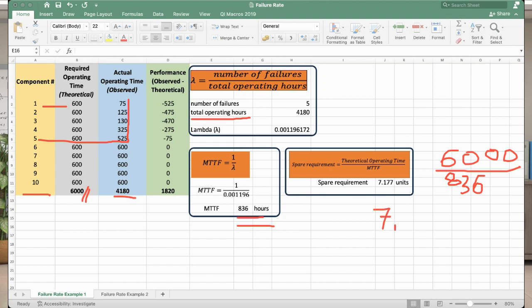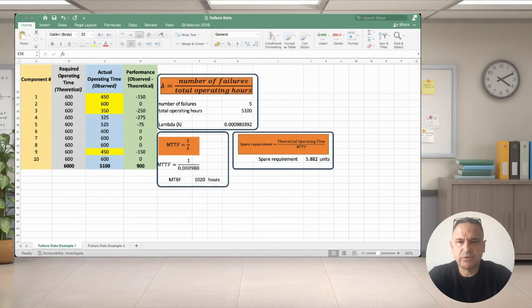I recommend at least 7 spare parts for this mission in order to complete 6,000 operation time. My friends, let's continue our first example with modifications.